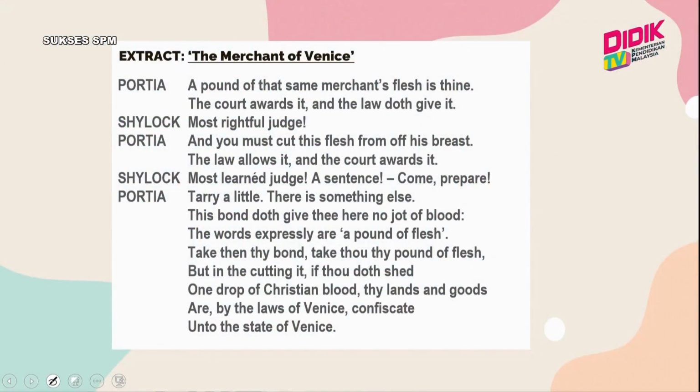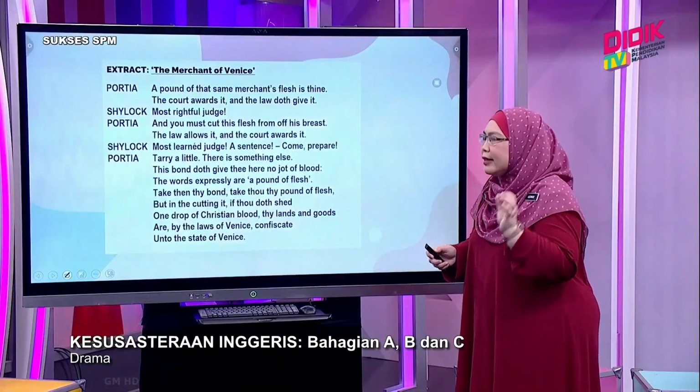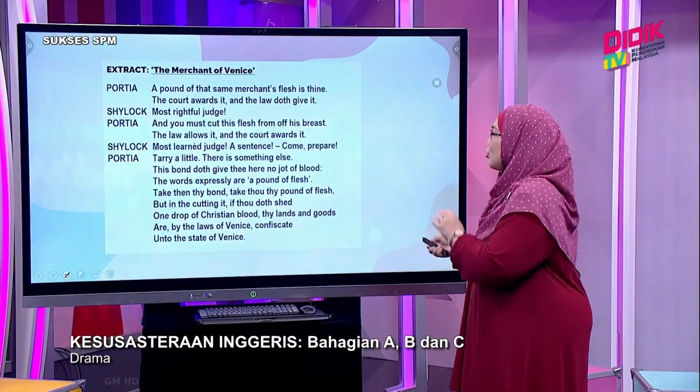The court awards it, and the law doth give it." Shylock is obviously delighted and pleased because he feels Portia, who's actually in disguise, is a clever young woman, okay? She's in disguise as a lawyer, and she has said in front of everyone in the court, Shylock has a valid case, a legal point against Antonio.